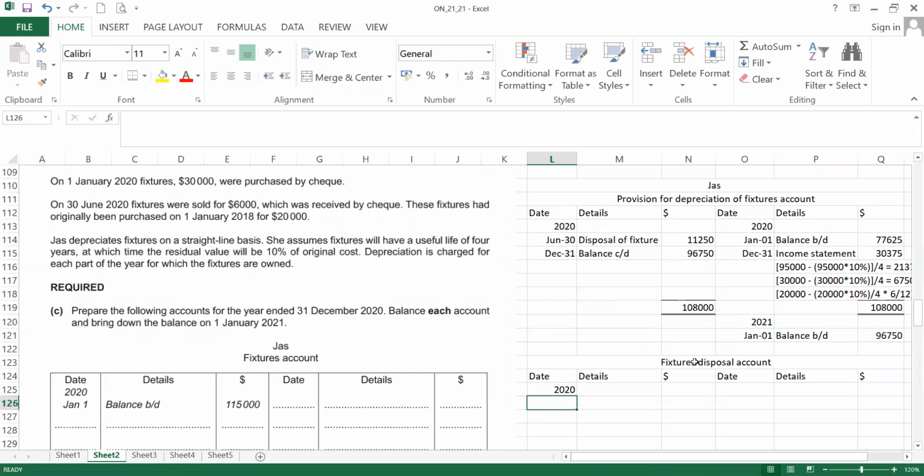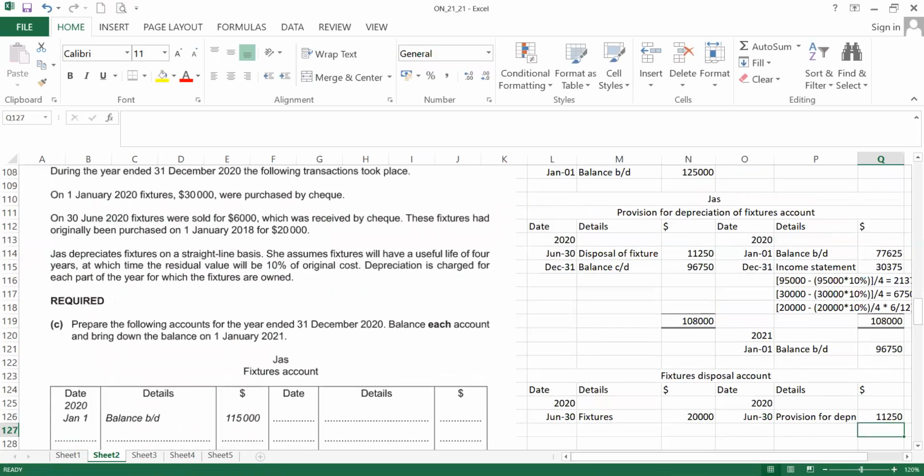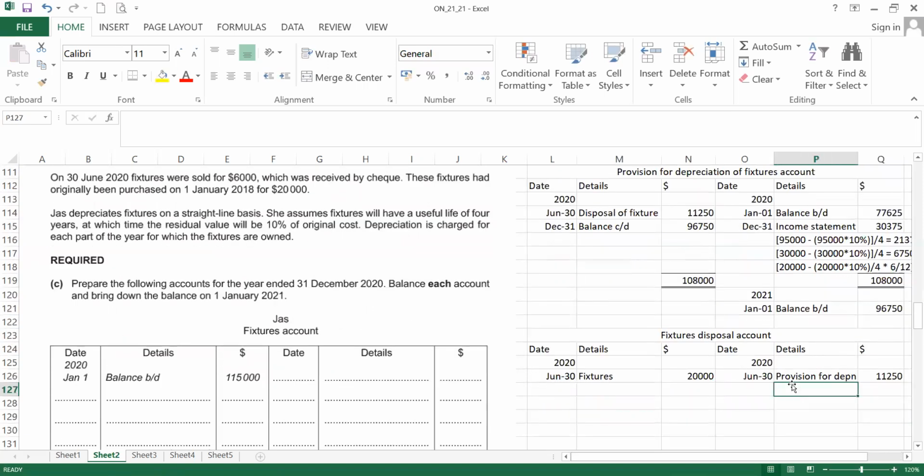So 2020, June 30th, the asset 20,000. And then the accumulated depreciation, which is the provision for depreciation. So we get this one, and the amount disposed gets 6,000 received by check. So this is the bank account, 6,000.